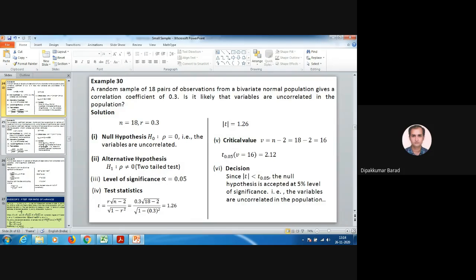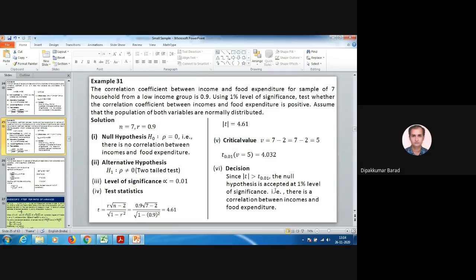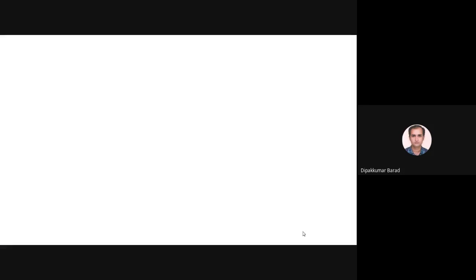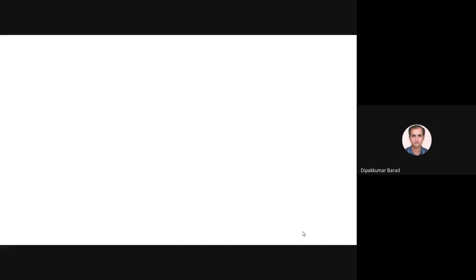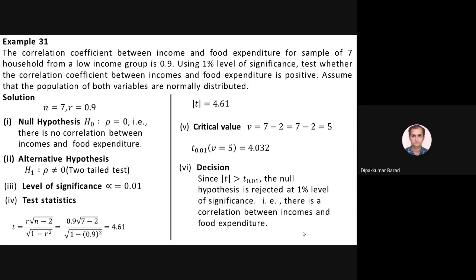Here mod t is greater, so not accepted, rejected. At 1% level of significance, there is a correlation between income and food expenditure.